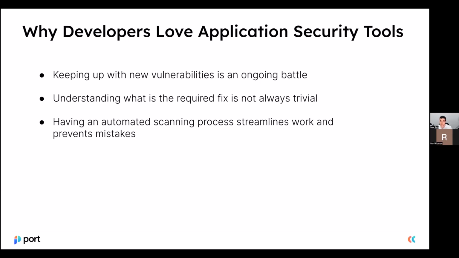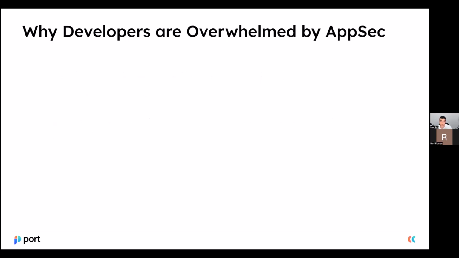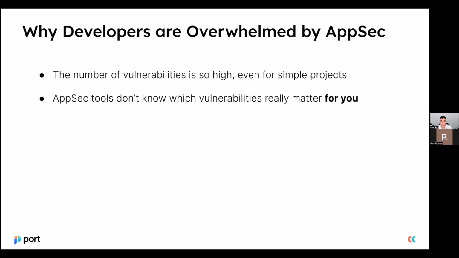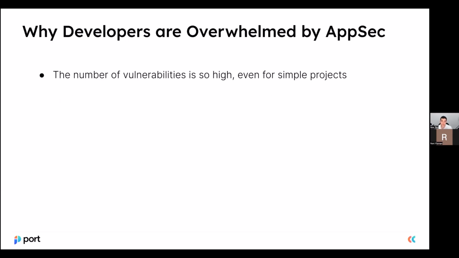But that means that it's not all perfect. There are some challenges. So developers can easily be overwhelmed by application security tools. And the reasons for that are, first of all, the number of vulnerabilities is so high, even for simple projects. If I go now and I create just the most basic JavaScript project with Node.js, I assure you that unless I'm using all of the latest packages and all of the most popular ones, it will definitely have some vulnerabilities.